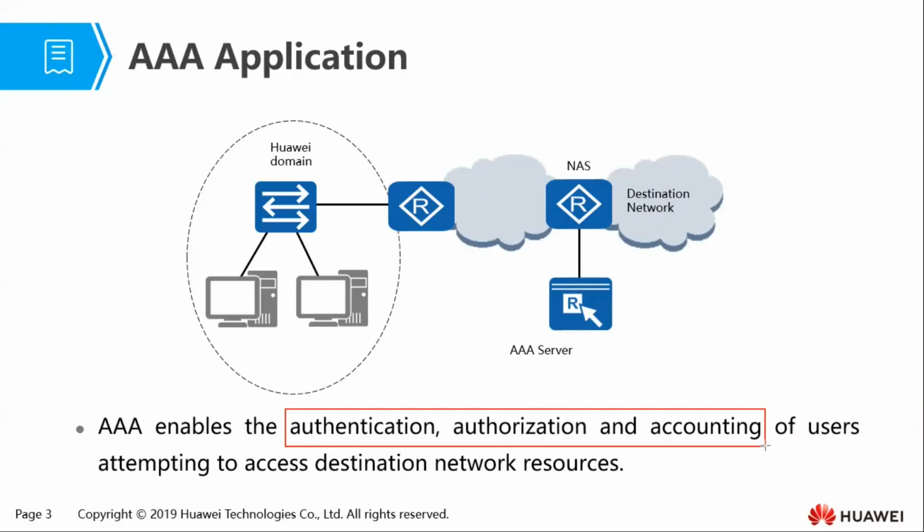Now, the first two, which is authentication and authorization, can actually be done on your router. Whenever a router performs any of those two, the router is referred to as a network access server, or simply a NAS.